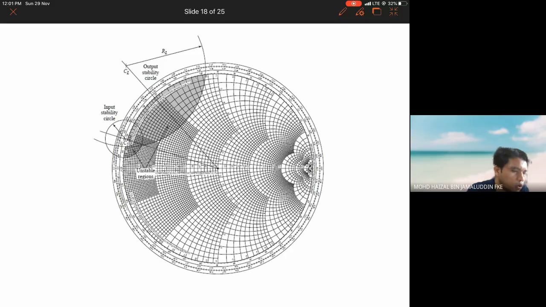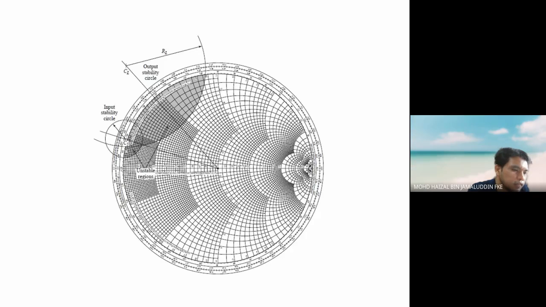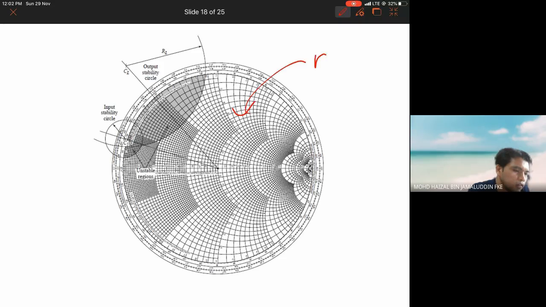Your gamma S and gamma L values that you choose should be within the Smith chart, in the area where stability happens. They call this the stable region.